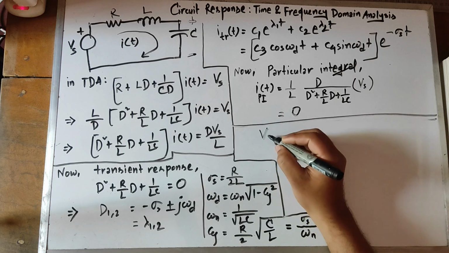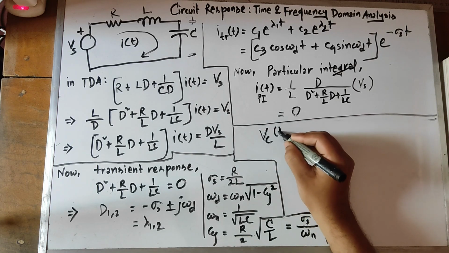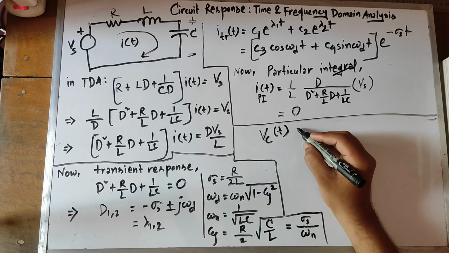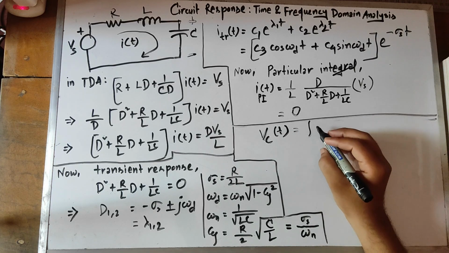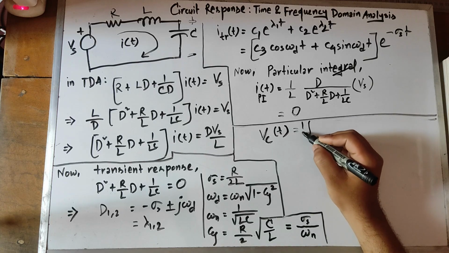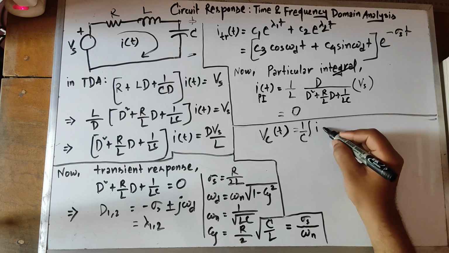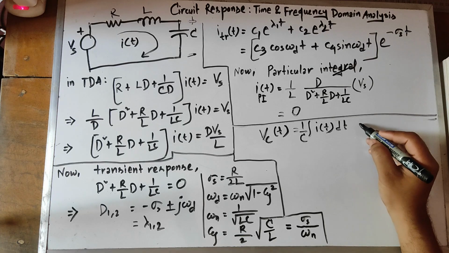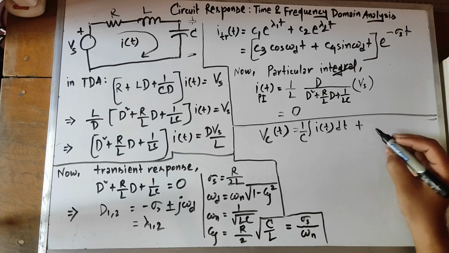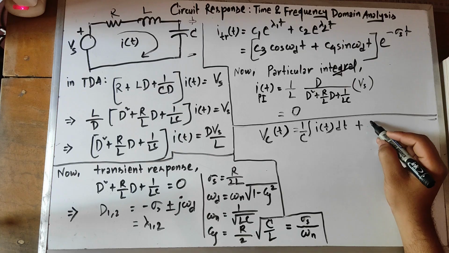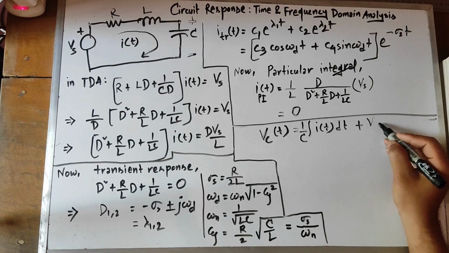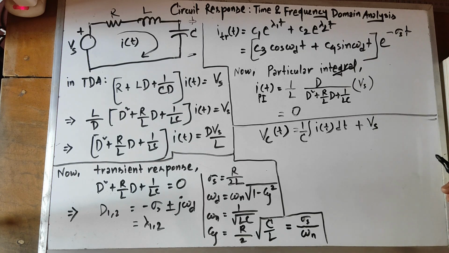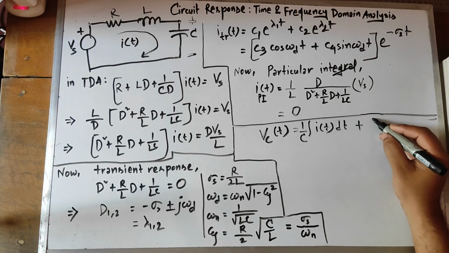So the voltage Vc(t), which is a function of time across the capacitor, is the integration of 1 by C times i(t), the loop current, dt, plus a constant.